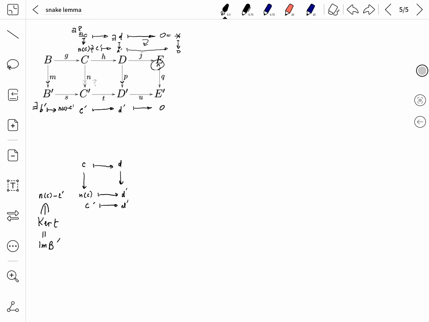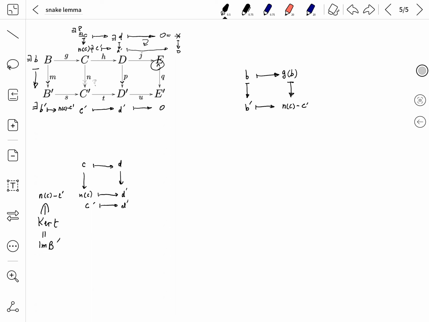Now because this M is surjective, there exists some B that is mapped to B prime. You got B mapped to B prime. B prime is mapped to NC minus C prime. And now, if you look at this G of B, it will again be mapped to NC minus C prime.